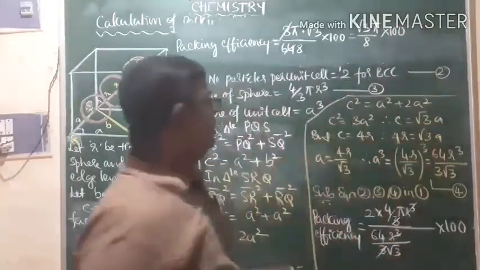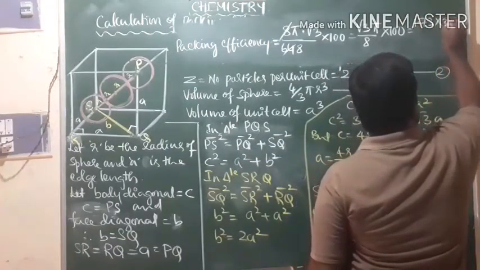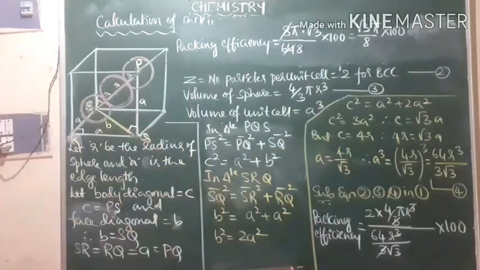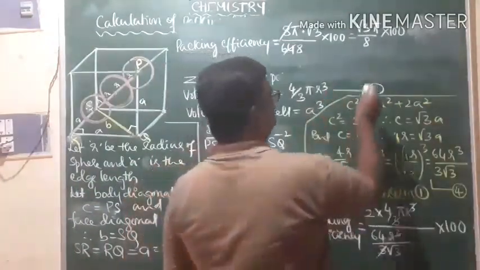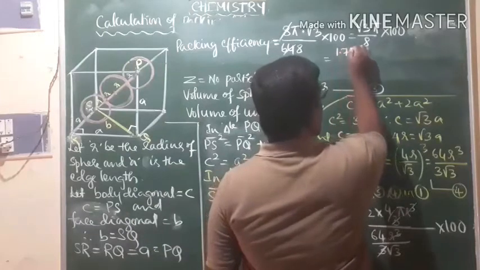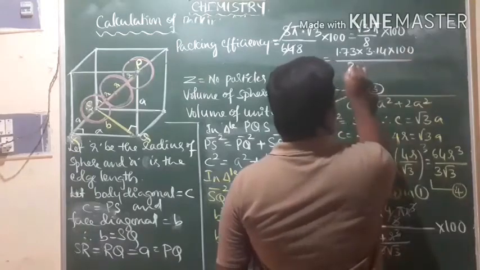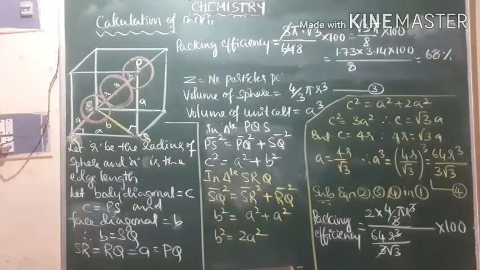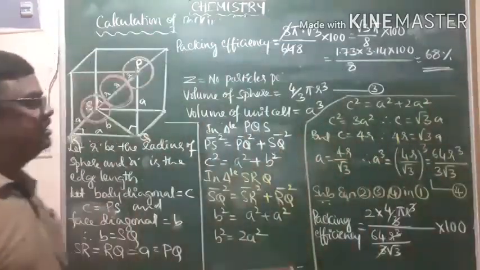Now root 3 is 1.73 into 3.14 into 100 whole divided by 8, that comes out to be 68%. So that is what we call the packing efficiency in BCC.